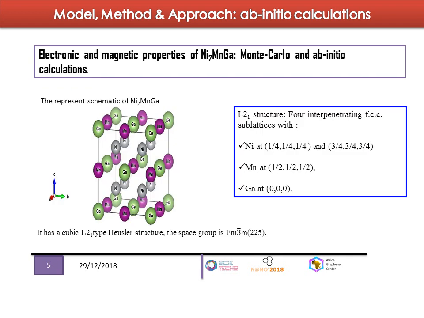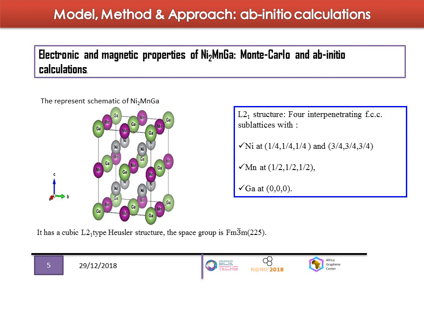Our system Ni2MnGa is among the family of Heusler compounds which crystallize in the L21 structure with the space group Fm-3m. Their lattice parameter is a equal b equal c equal 5.82 angstrom.